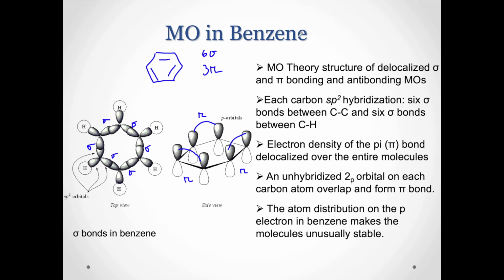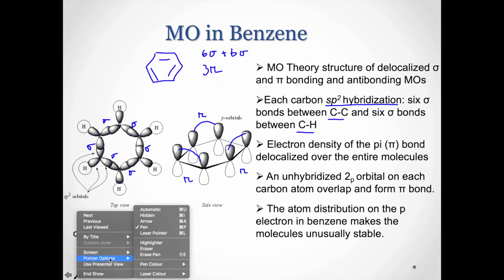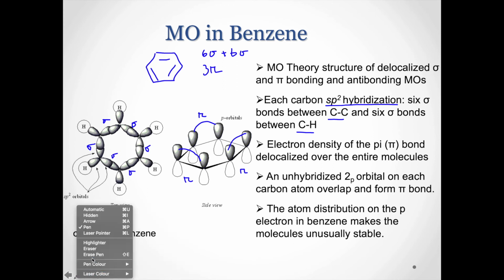Each carbon here, as I said before, has sp2 hybridization. We have 6 sigma bonds between carbon and carbon and 6 sigma bonds between carbon and hydrogen, so 6 plus 6 here. And another one: let's say we have an eraser here.